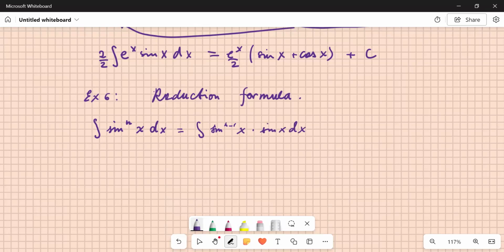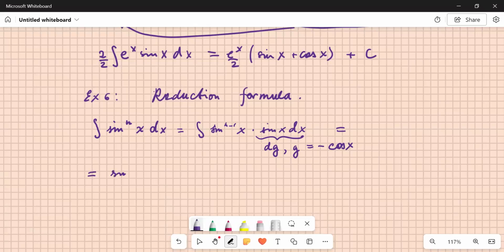So I took one of these n sines and separated it to eventually use the integration by parts formula. Now I'm going to call this dg, from where g is the function we integrate to differentiate to get sine: minus cosine, right? And I'm going to use integration by parts.